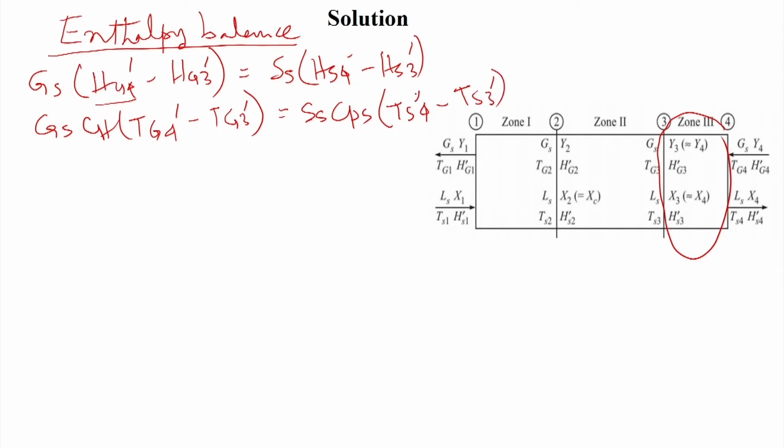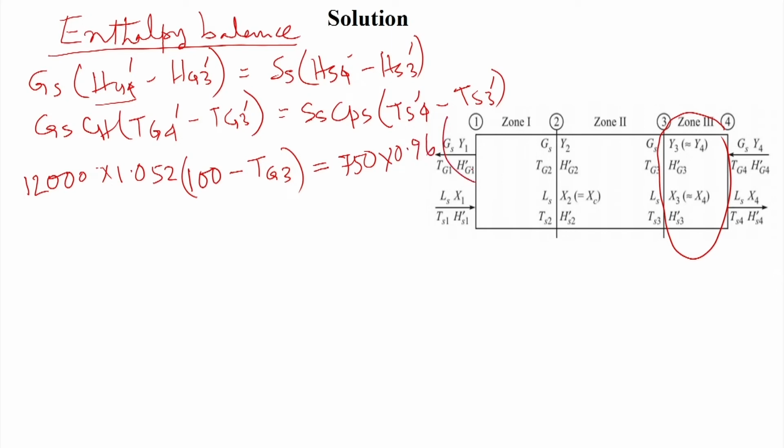Here you see Gs is equal to 12,000, Ch is equal to 1.052, Tg4 is given already as 100 degree Celsius, and Tg3 we will get. Ss is given as 750, Cps is given as 0.96, Ts4 is given as 60 and Ts3 is given as 40.